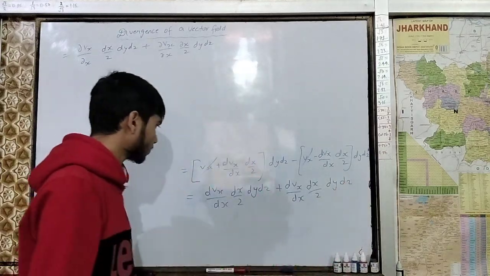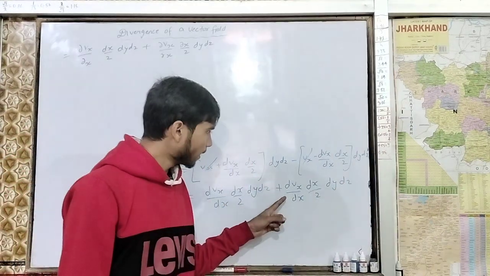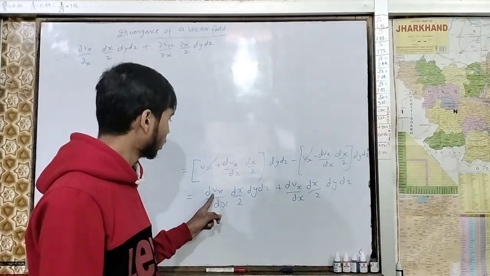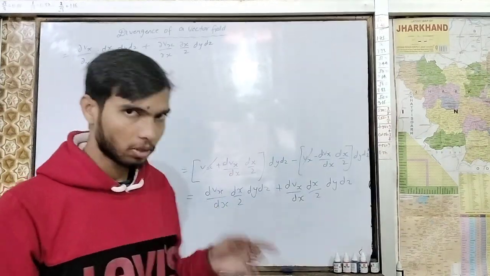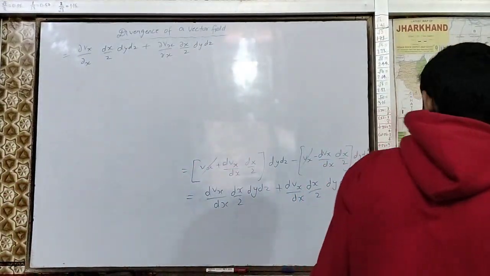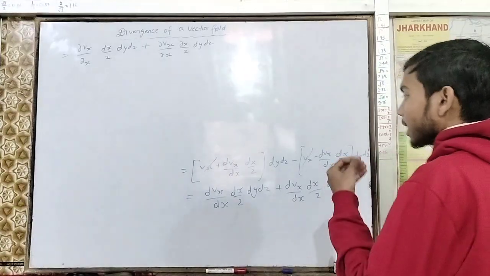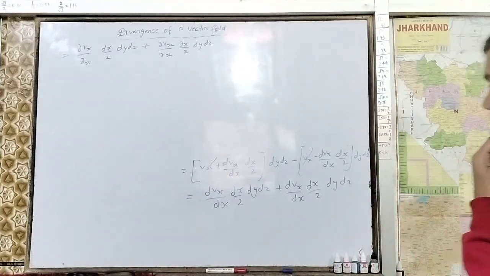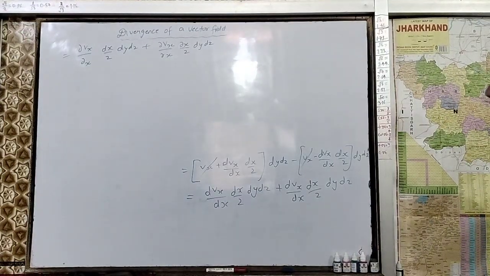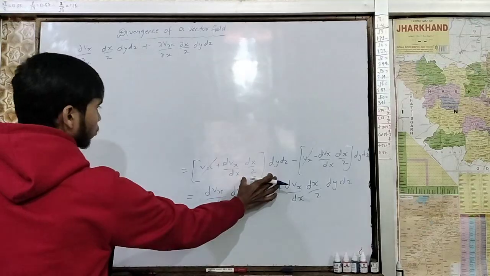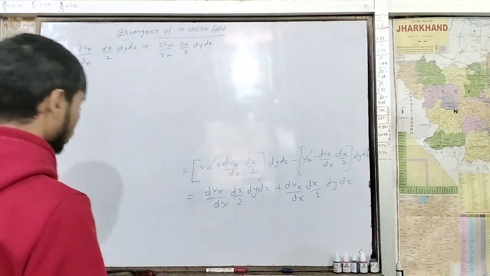Try to understand. Here you can see this is the velocity of fluid along x with respect to dx, and dx upon 2 is nothing but half the length of dx. Okay, dy is the next length and dz is also the next length. That is how this came from this equation. Got it?